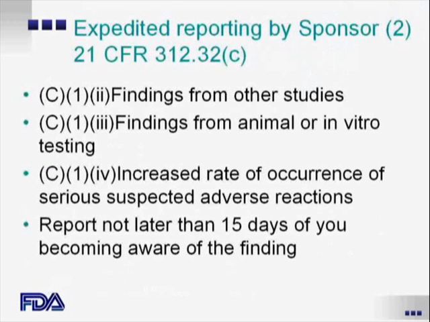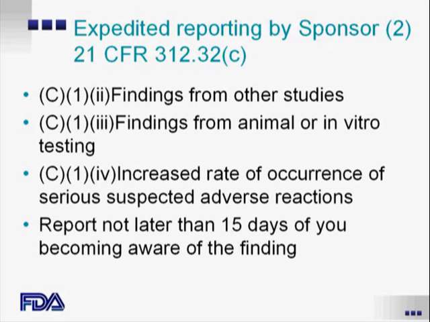In addition, the safety findings from other clinical and non-clinical studies need to be reported expeditiously to the FDA if they contain important safety data or signals that will change the product safety profile, and therefore might possibly change the risk-benefit assessment of conducting a certain protocol.